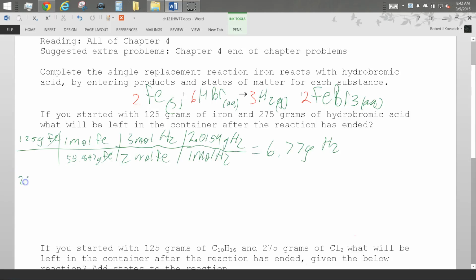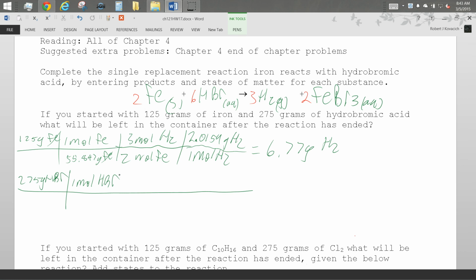So if I've got 275 grams of HBr, for every 1 mole of hydrobromic acid, what is it? 79.904 plus 1.0795. It is 80.9835 grams of HBr.